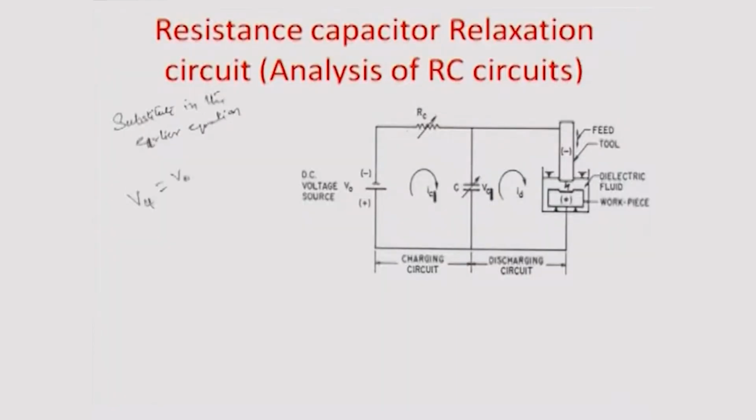So, that is how the RC circuit derivation typically goes. So, you have VC(t) is actually equal to V0 times (1 minus e to the power of minus t by RC).